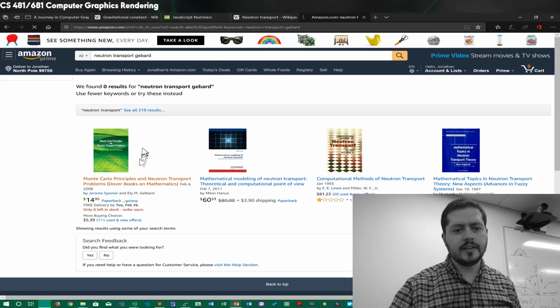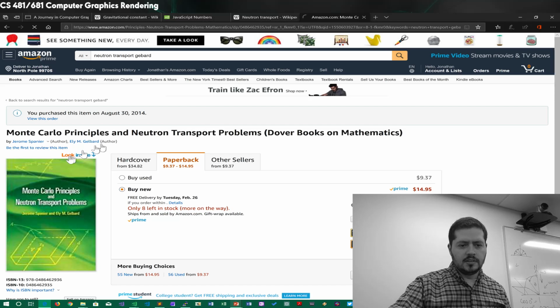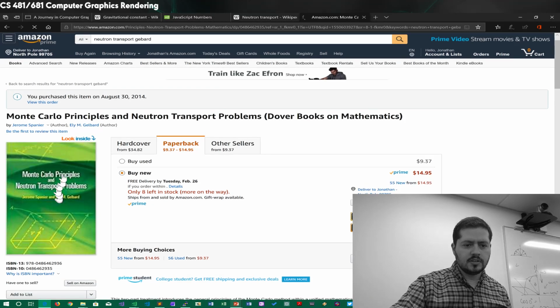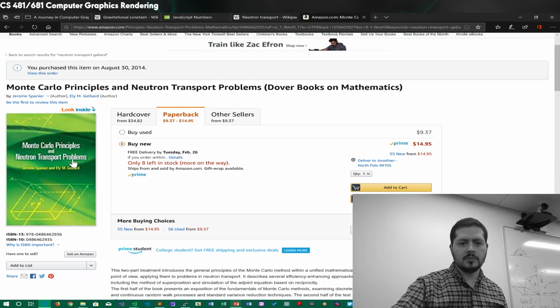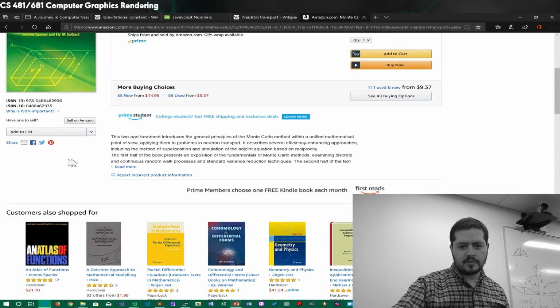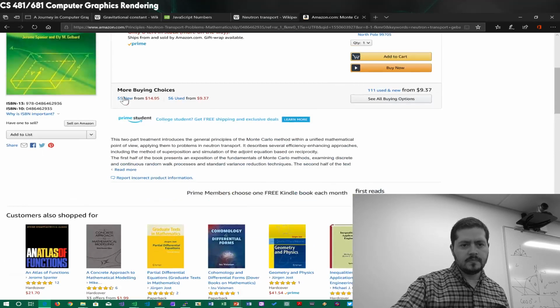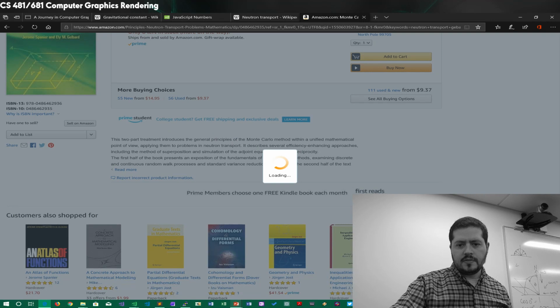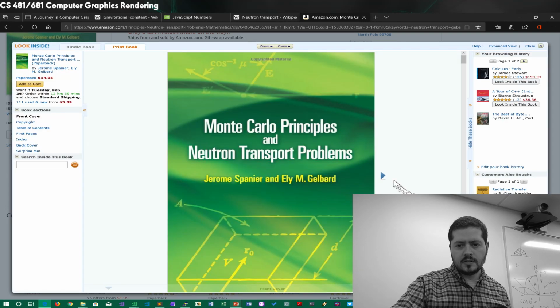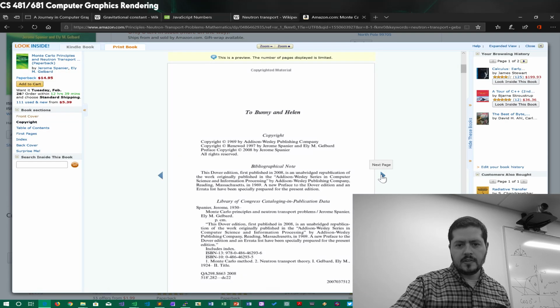There we go. I've got this book in my office. Spanier and Gelbard, Monte Carlo Principles and Neutron Transport Problems. This book has been around since, I think it was the 50s. 1969, that was the original publication.